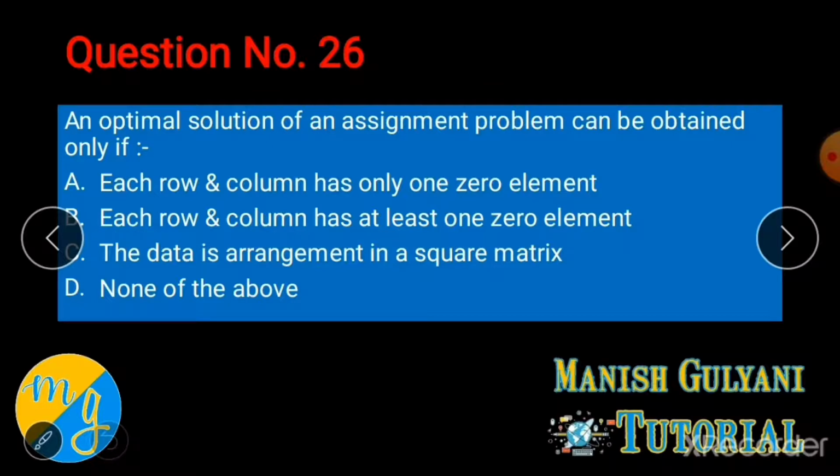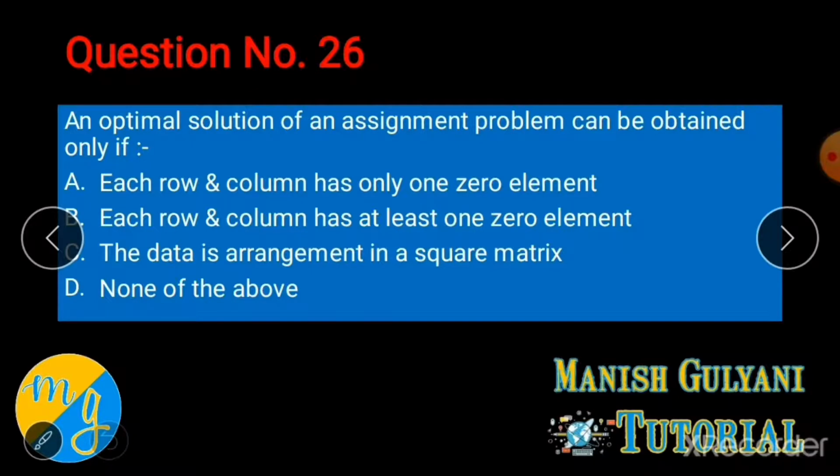The optimal solution of the assignment problem, if you remember the condition of the assignment problem: when the total number of assignments is equal to the total number of rows and columns, on that point you can say this is my optimal solution.